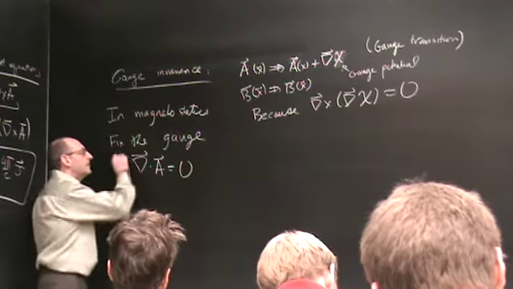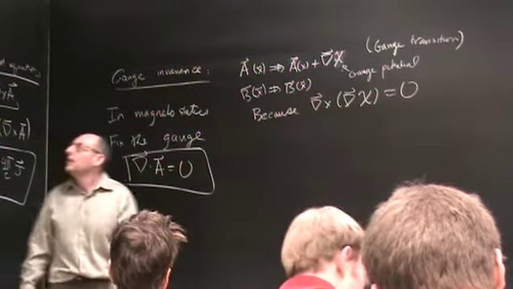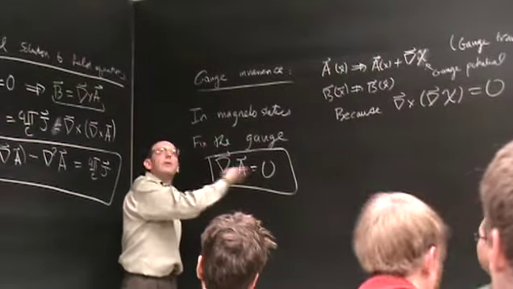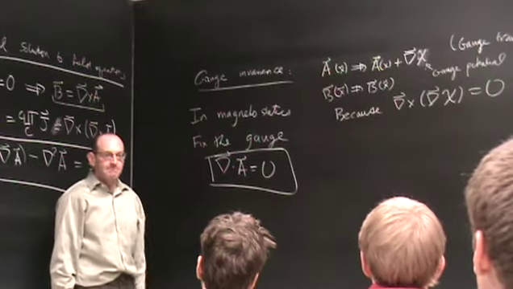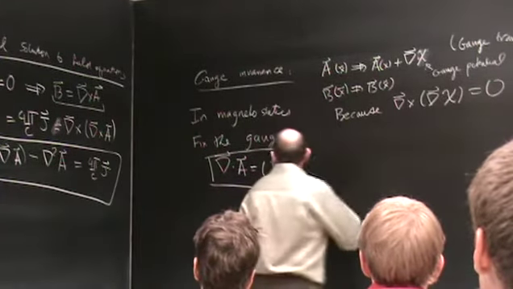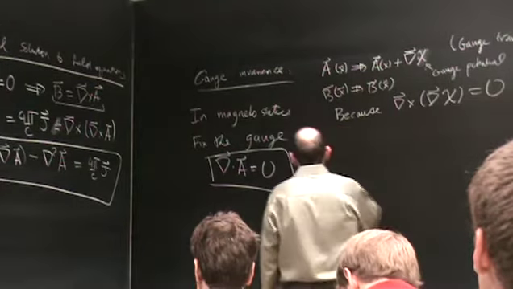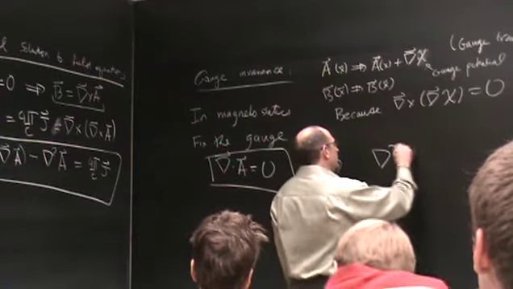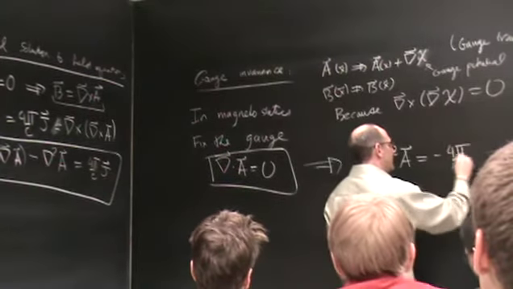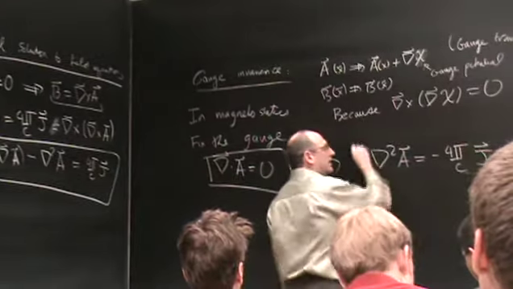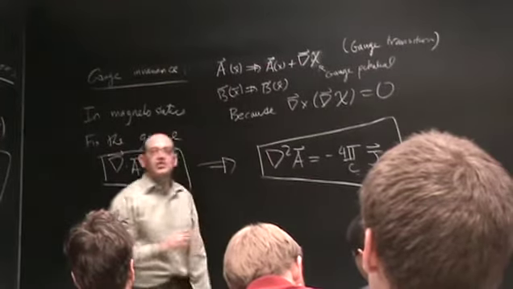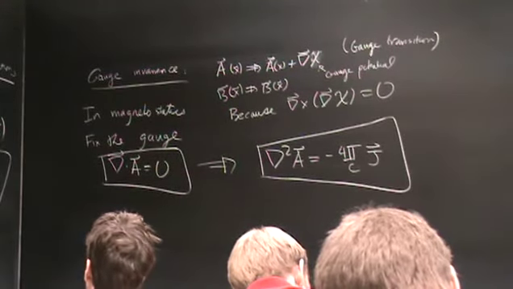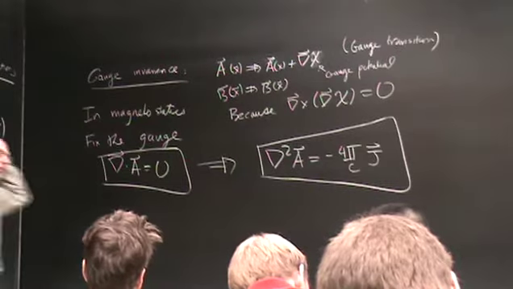So fixing the gauge means fixing the divergence of A, because the curl of A is the only thing that matters. The divergence of A is arbitrary. Make it whatever you like. Okay? So making the divergence of A zero is convenient because then we have a simpler equation for the vector potential.